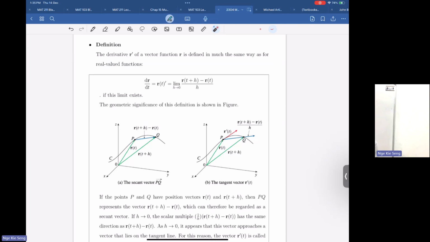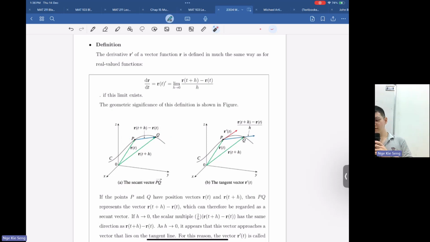Okay, so you can look at this picture here. You look at this curve C defined by your r(t), right? Let's say you want to find r prime(t) at P here. How do you find it? Last time, what did we say? You look at all the secants.